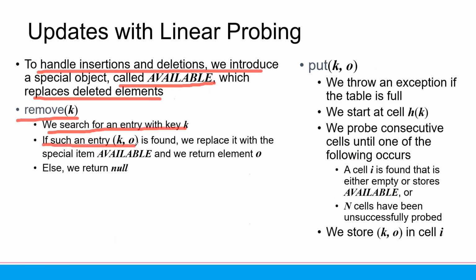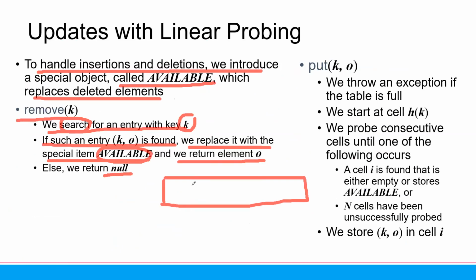If an entry (k, o) is found, then we replace it with the special item available, and we return the element o. Else we return null. So we search first, and if there is an entry k, after we remove it, we put available.